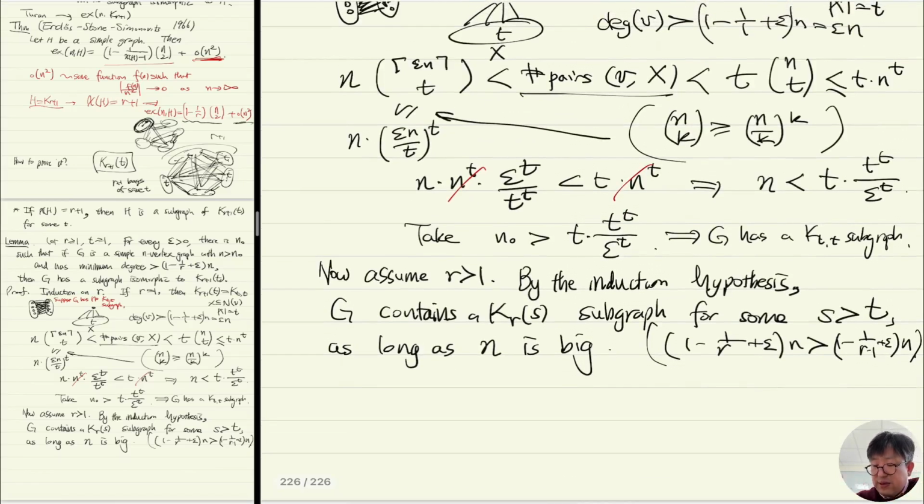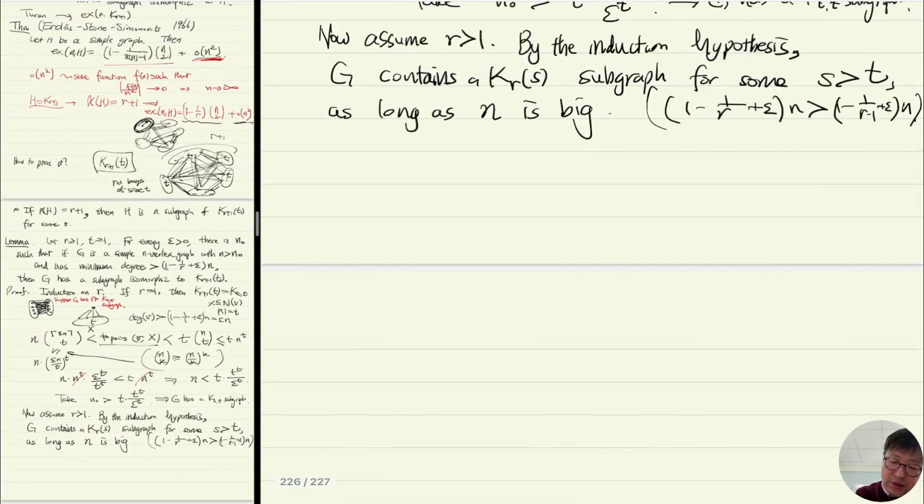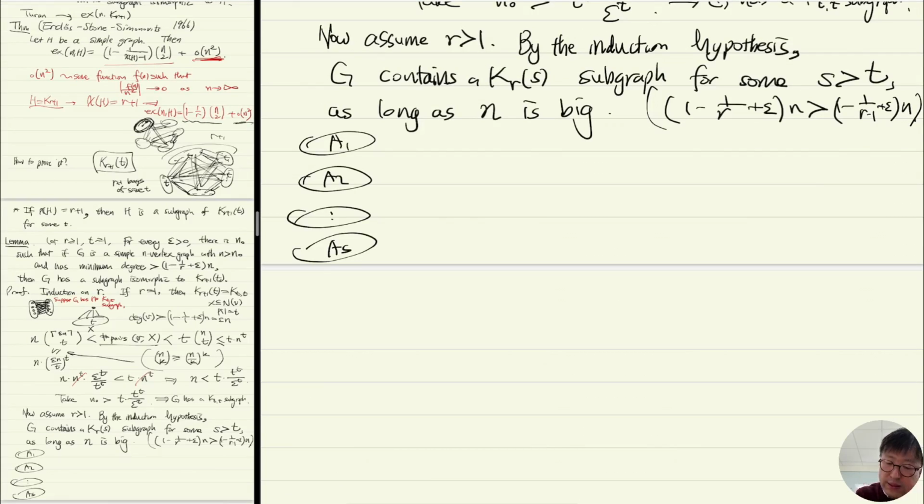Now here note that we chose S to be something. I'm going to choose that later. So we have a K_{R,S}.